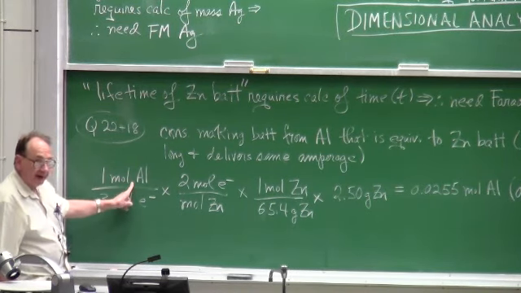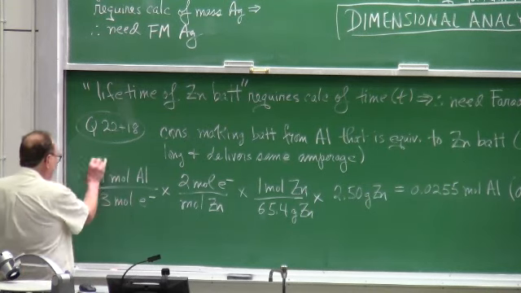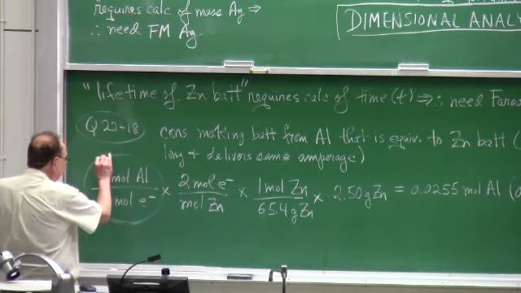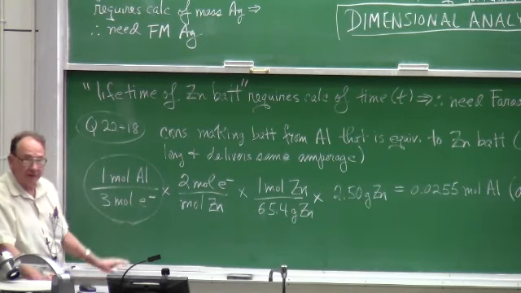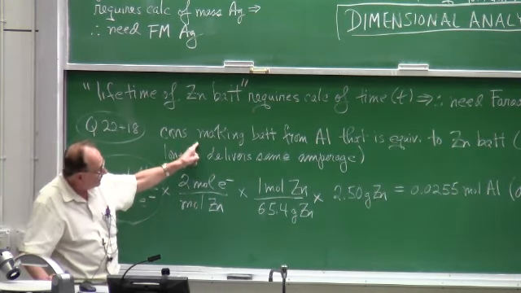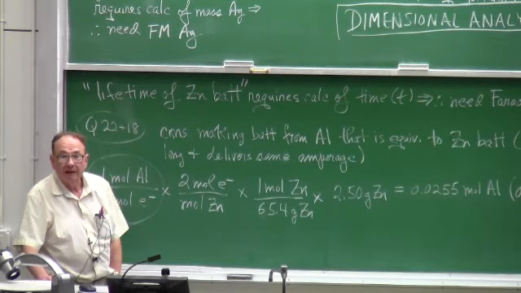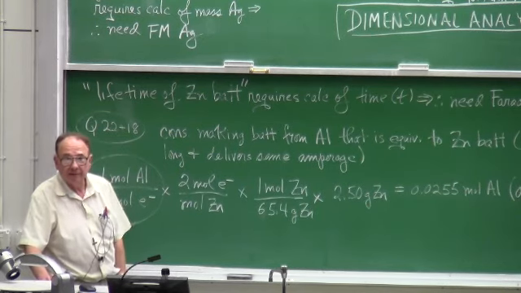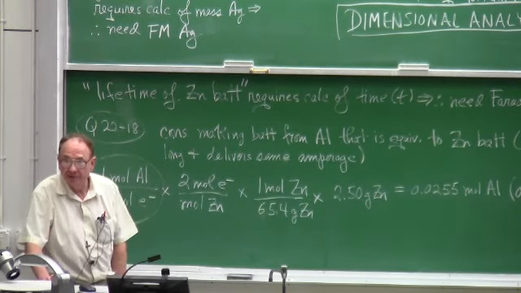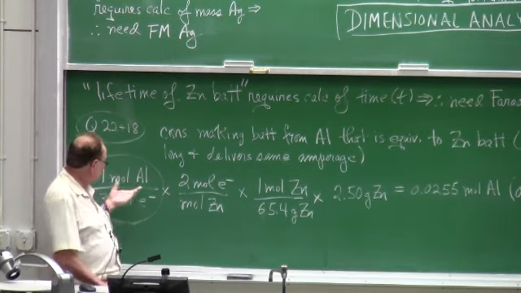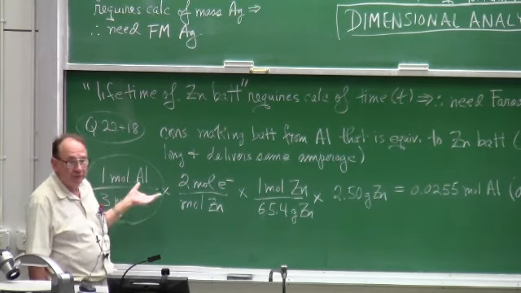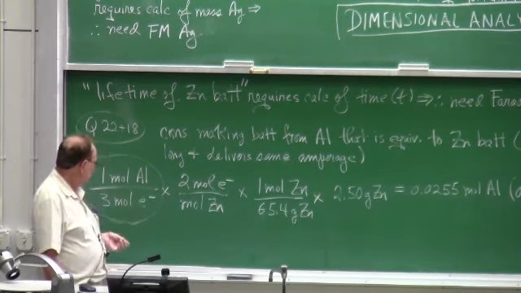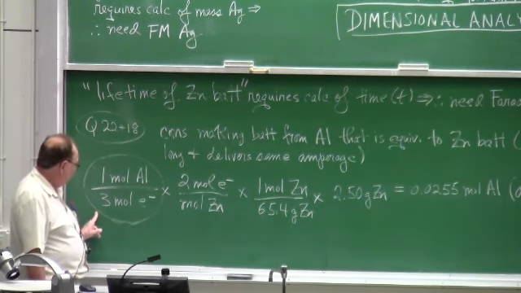So right off the bat, the first factor that I have written down has got to be the correct way to start to write the setup to answer this question. Because this question says, how much aluminum? How much? Mass or moles? So I'm starting with moles. If I wanted mass, I would have started with formula mass for aluminum. 1 mole of aluminum per 3 moles electrons.